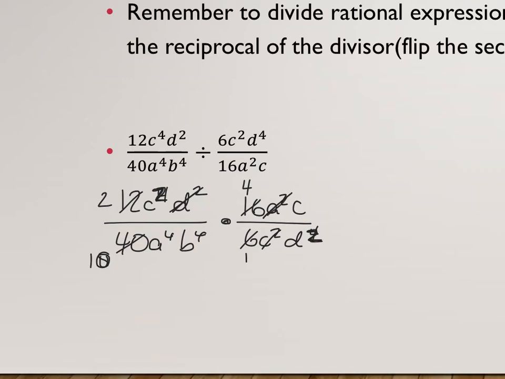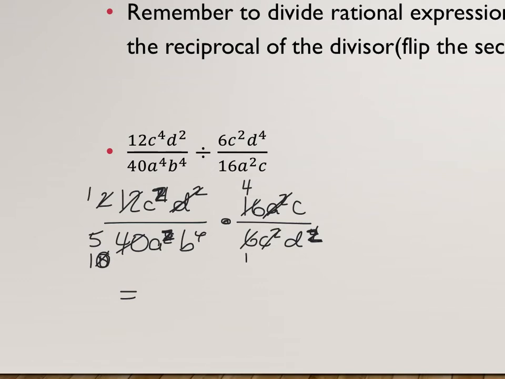A squared and a to the 4th. This would become a squared. The 2 and the 10, 1 and the 5. And now I'm just going to clean this up a little bit. Let's see what we got left.